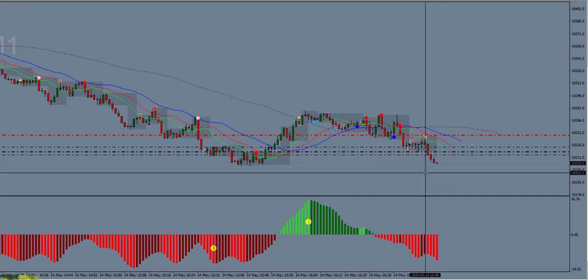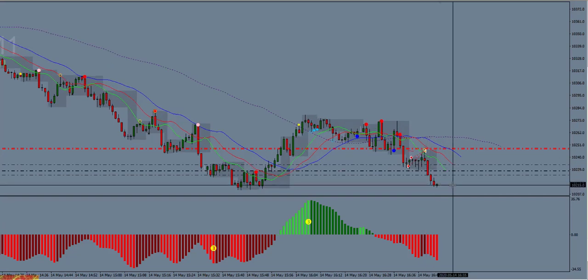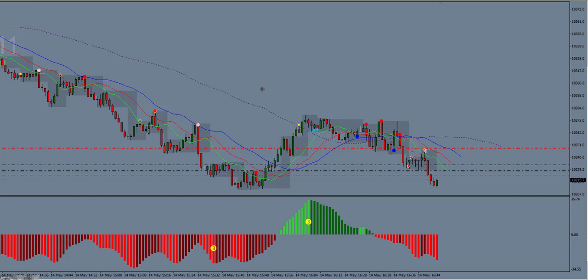So this is basically the 1, 2, 3, 4th red candle, losing momentum now. This was the momentum candle in there, but after that we didn't see much. So probably a tussle going on between buyers and sellers at these levels. It might pull back and retest those levels.